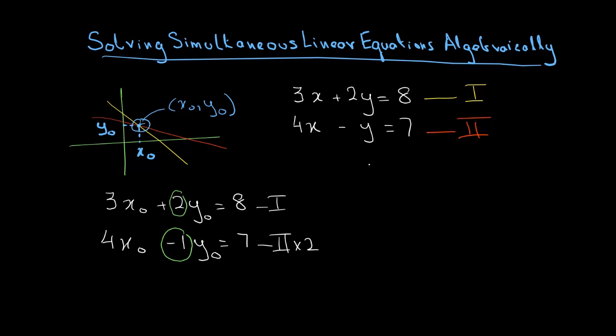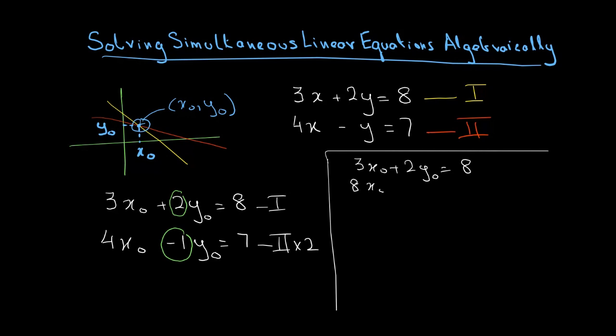So the first equation is still 3x naught plus 2y naught is equal to 8. But the second equation becomes, since I've multiplied by 2 and everything increases by a factor of 2, 8x naught minus 2y naught is equal to 14, right?